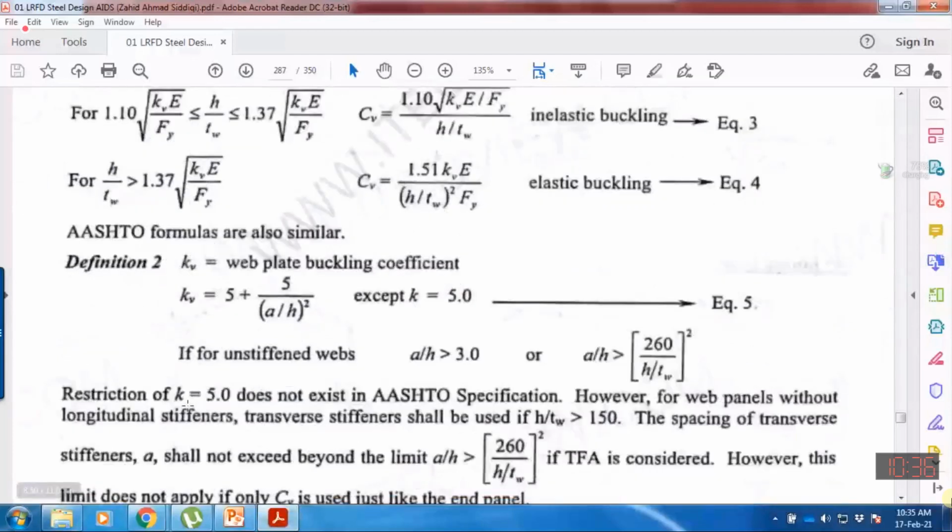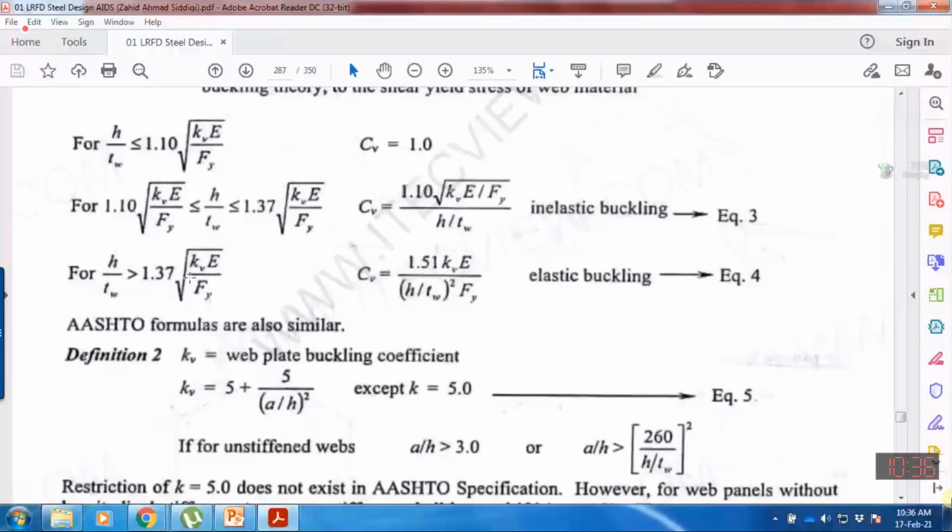So if kv value equal to 5, then if you are substituting kv value 5 in this equation without stiffener, E value is 200,000 and kv value is equal to 5. So 200,000 multiplied by 5, answer will be 1 million. If you are taking the square root of 1 million, answer will be 1,000, and 1,000 multiplied with 1.37 will give the answer 1370.